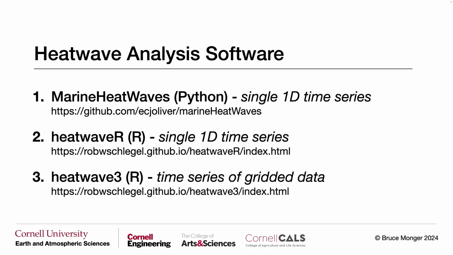So the middle one, heat waves R, is I think currently the more popular one to be using these days. For those who are familiar, is the R one the one you're using, or the Python one? Python one. Oh, okay. Anyway, when I looked at the last update on GitHub, this one was updated much more recently. This one hasn't been updated for a long time.